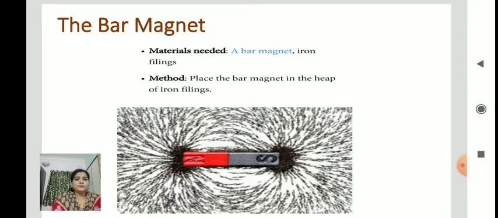In order to show the property of attraction, a small activity is shown here, and for this a bar magnet and some iron filings are needed.